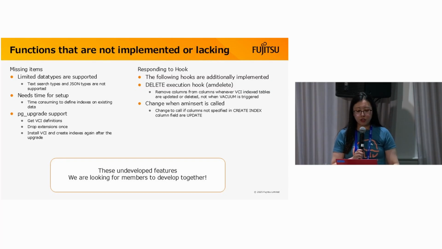Step 1 is to verify and remember the VCI index definitions before migration, for example, using PG indexes. Step 2, remove the VCI extension before PG upgrade. Step 3 is to do the PG upgrade, then recreate the extension of VCI and recreate the index on the table.